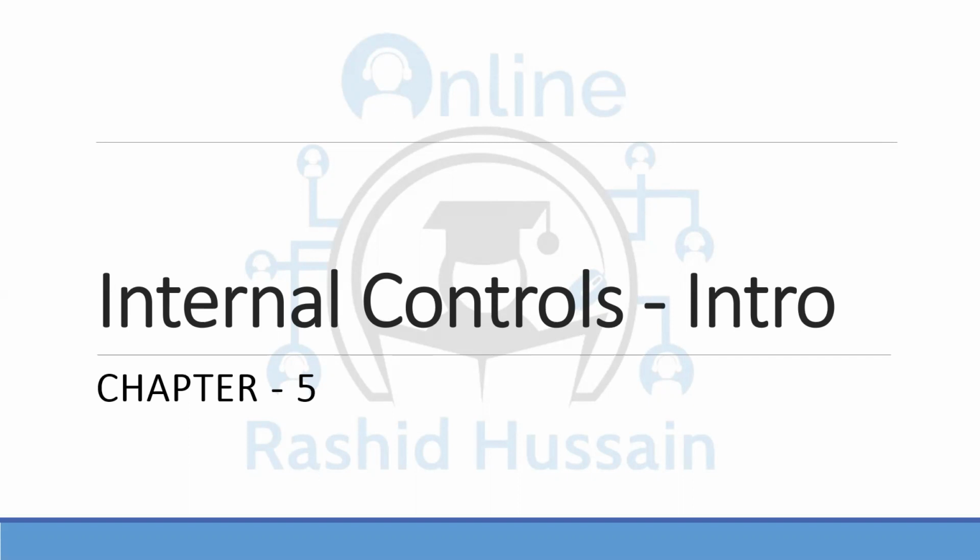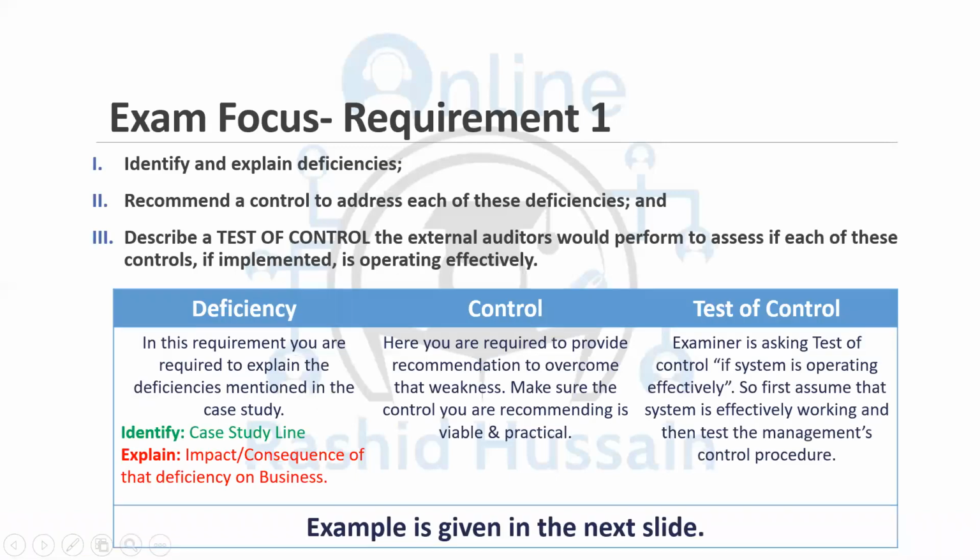So in this lecture, we are going to discuss all those sorts of requirements which may be tested in the exam, and how we are going to deal with each particular requirement so that you are writing the exact thing which the examiner requires from you. We have certain requirements over here. The first one is requirement number 1, exam focus.